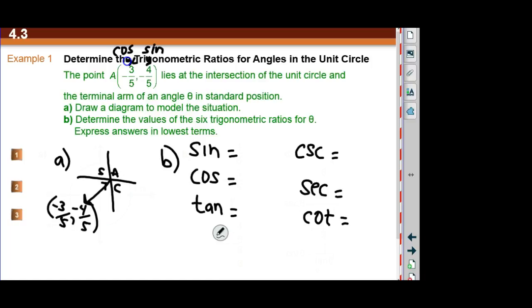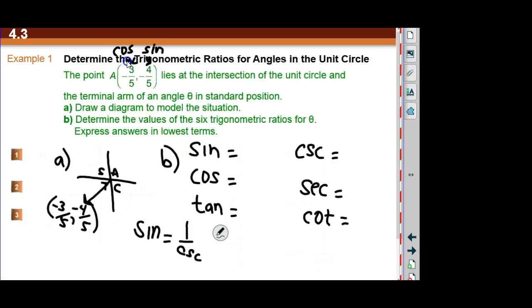If we need a refresher, sine is equal to 1 over cosecant. It just means whatever your sine is, if you flipped it upside down, that would actually be cosecant. And the same goes with cos. The reciprocal of cos is secant, so if we flipped it upside down, it would be secant.